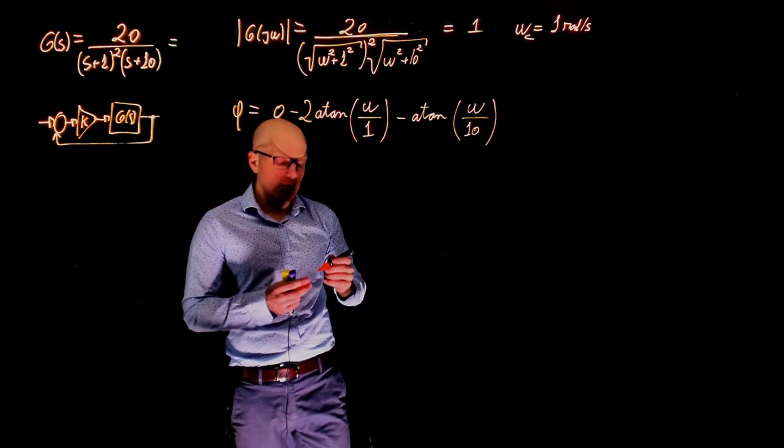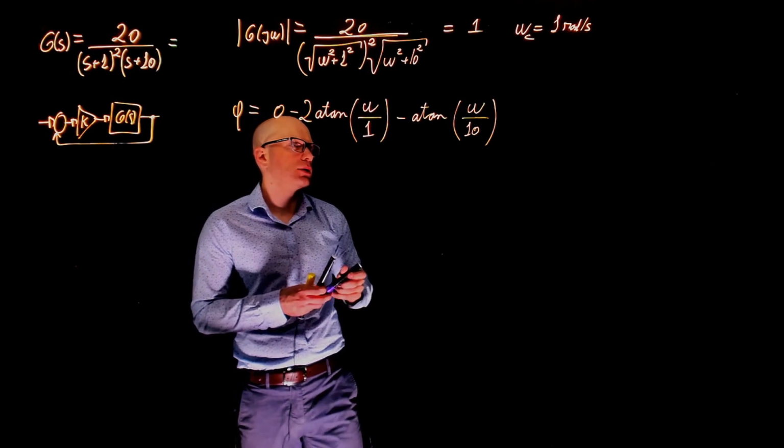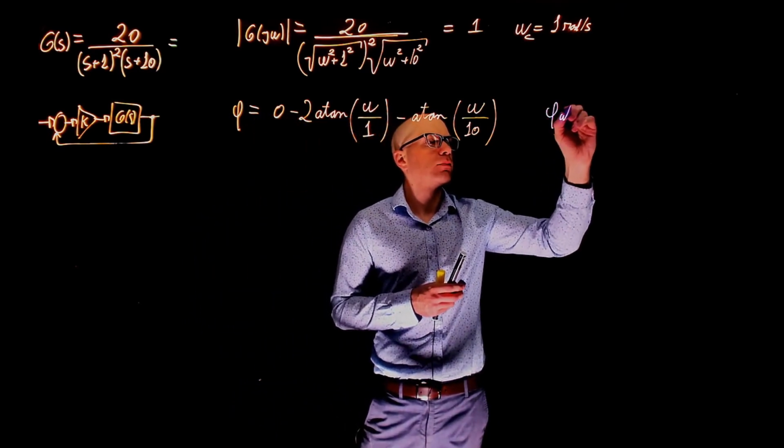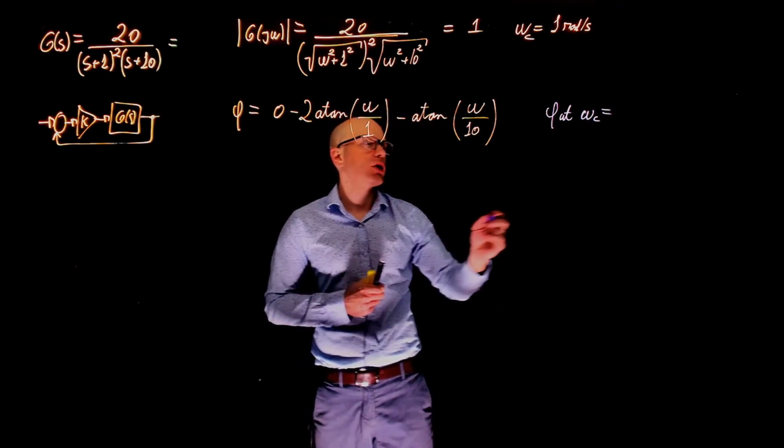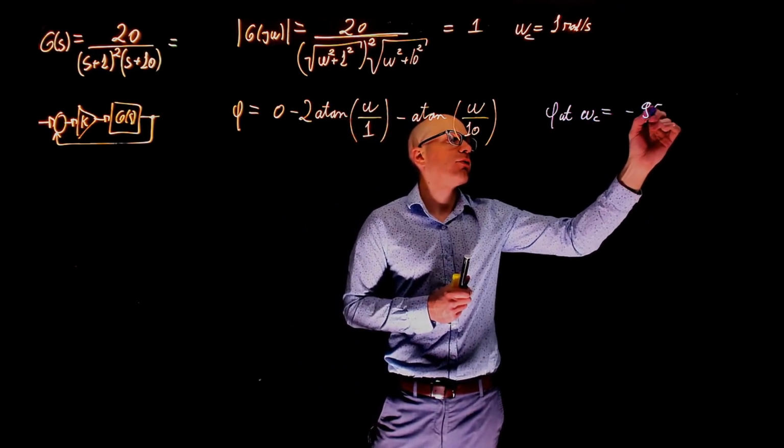And when we evaluate the phase at 1 radian per second, at omega c, the crossover frequency, this gives around negative 95 degrees.